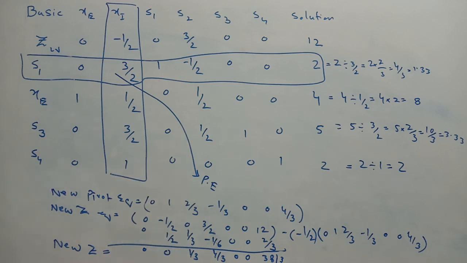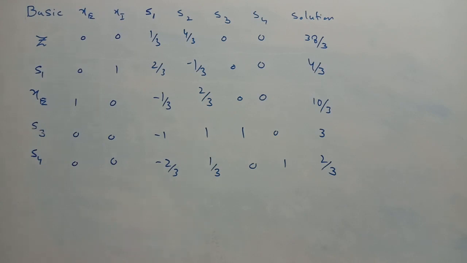Similarly, you have to find out the new xe, new s3, new s4 with this formula. Finding these out, you will develop a new table. So your new table will look like this.